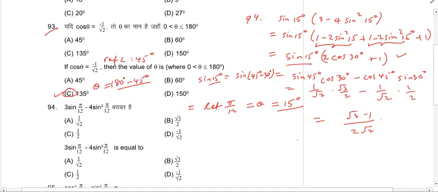So what we have is root 3 minus 1 over 2 root 2 into 2 times cos of 30 degrees, which is root 3 over 2, plus 1.